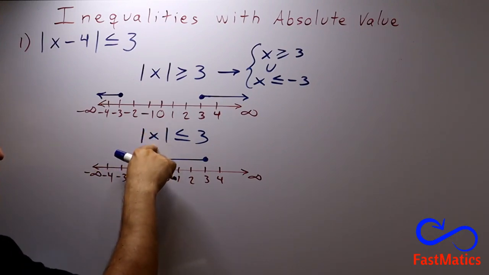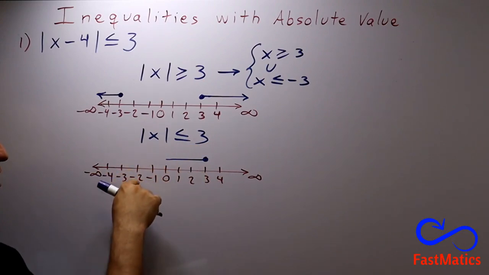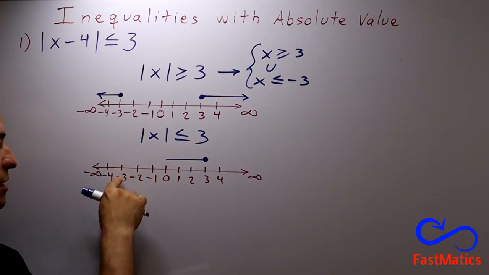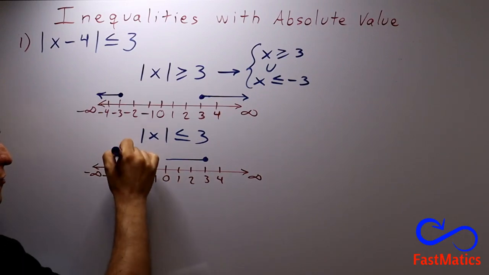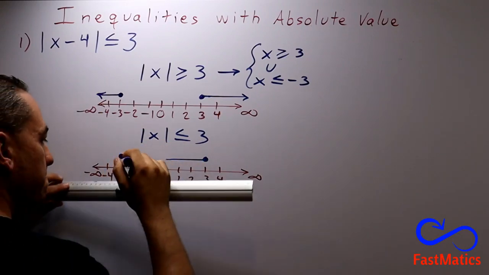So numbers less than or equal to 3: 3, 2, 1, 0.